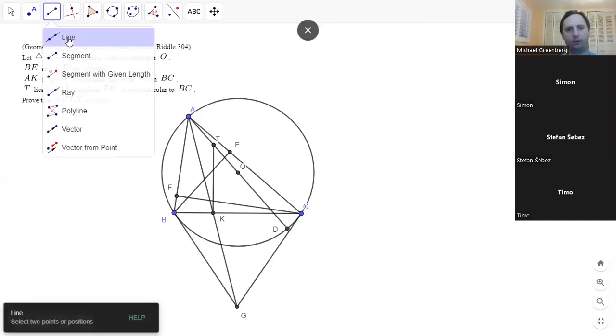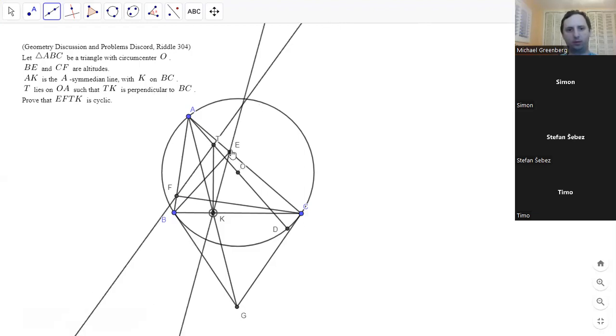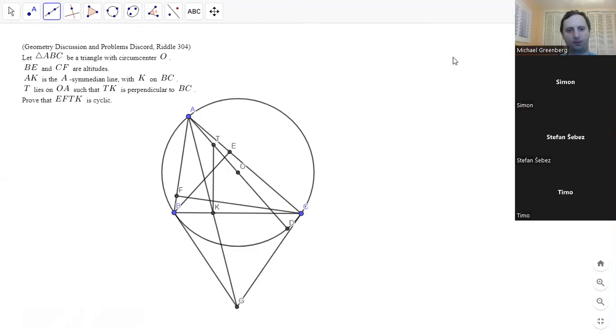Let's see. I wonder if TF and EK meet on the circle. No, I would be surprised. So where could we use power of a point from?